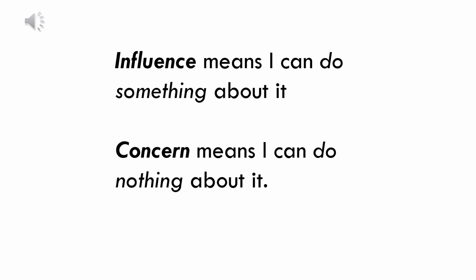So I just accept it. I cannot do anything about it. This is the first step in creating a good habit. If you're going to have concern and worry about things you can't do anything about, you will end up with a bad habit. So start off on the right foot with influence, which means I can do something about it.